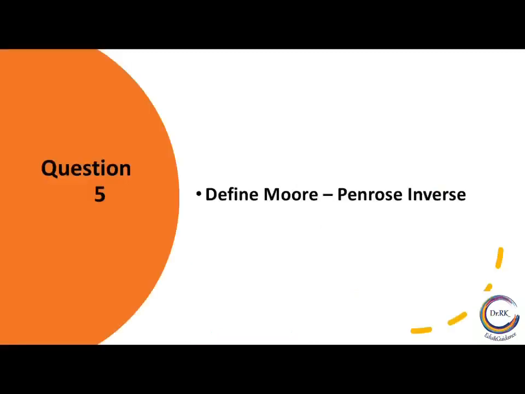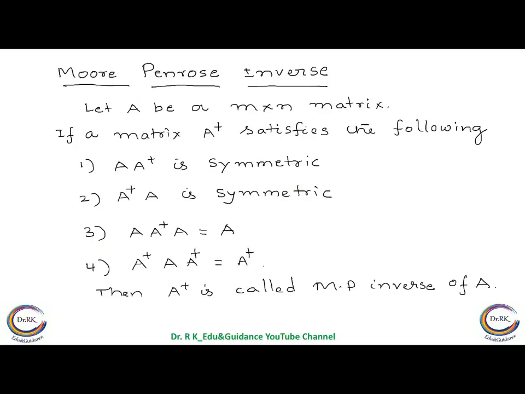Next is the definition of the MP inverse, the Moore-Penrose inverse of a matrix. This is a basic definition. Generally we talk about the inverse of a matrix when it is a square matrix.